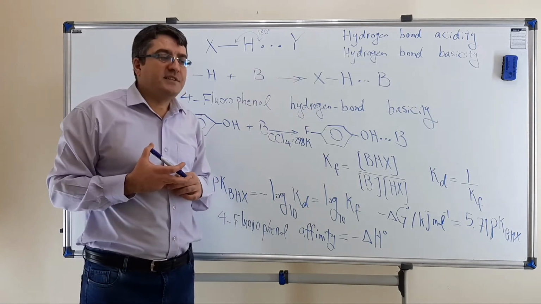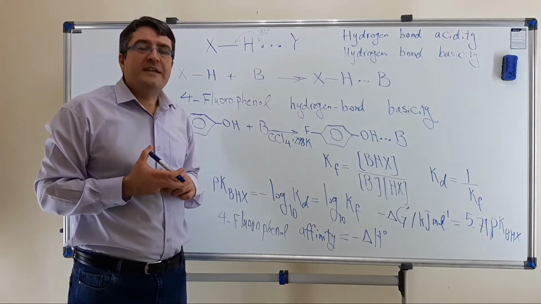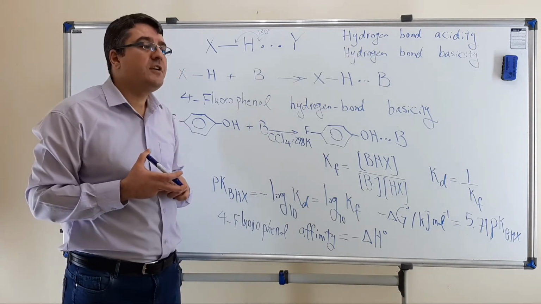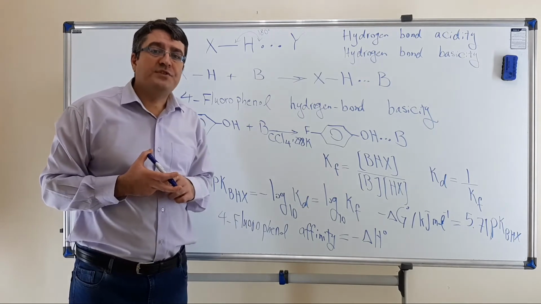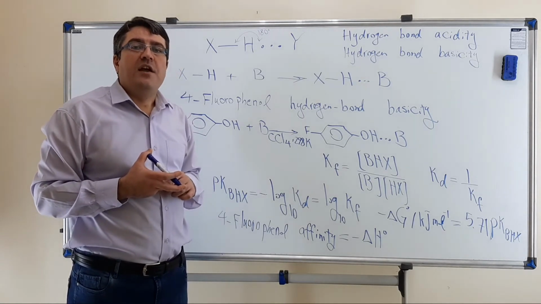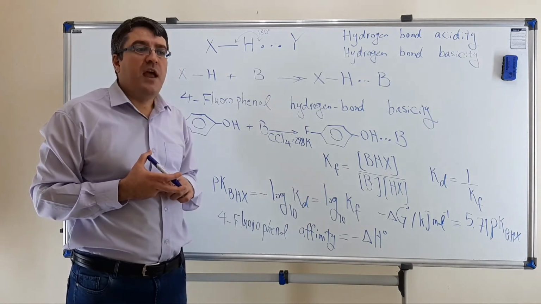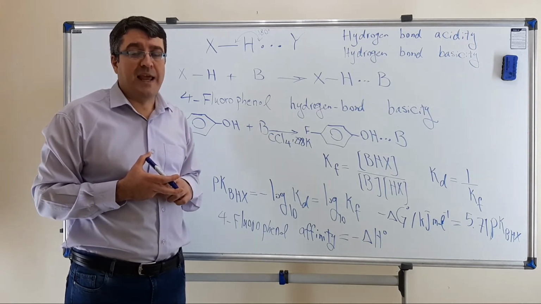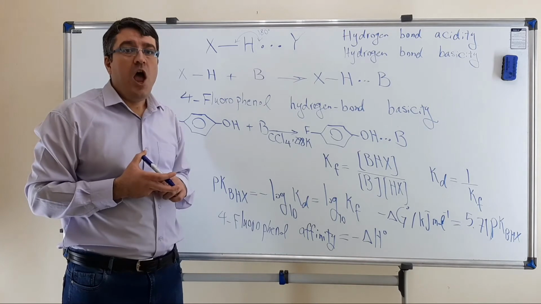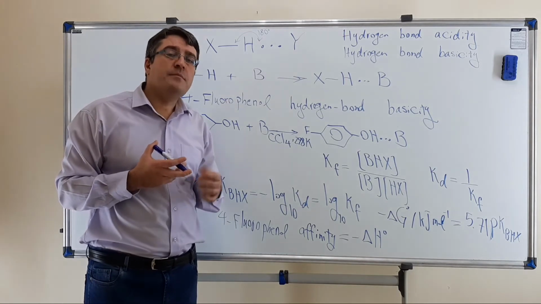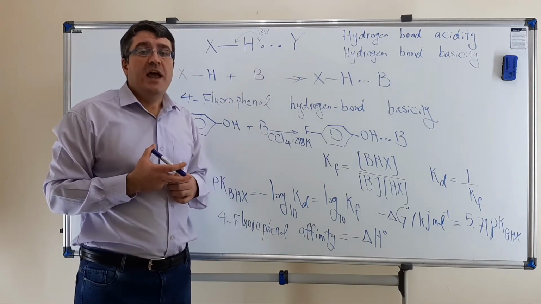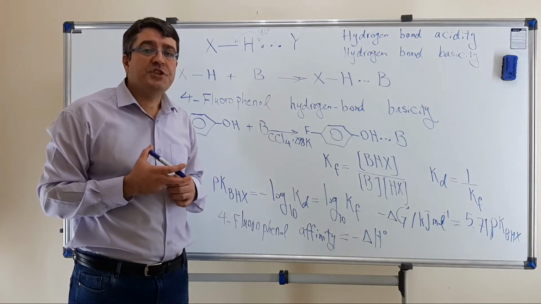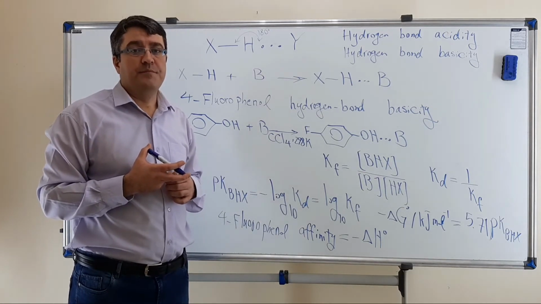To check whether two scales are consistent with each other, are correlated with each other, one way is to see if their ranking, their relative order of acidities or basicities, are the same. But a better method is to see if there exists any linear relationship between them.